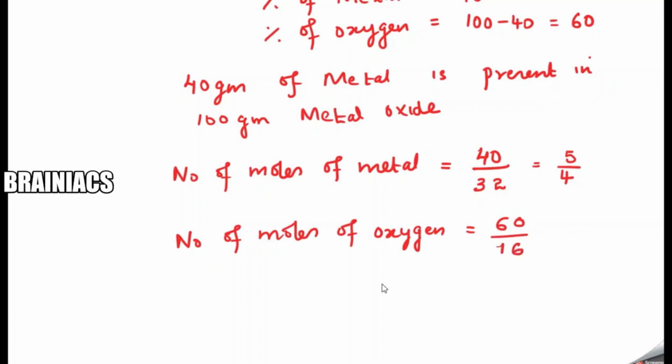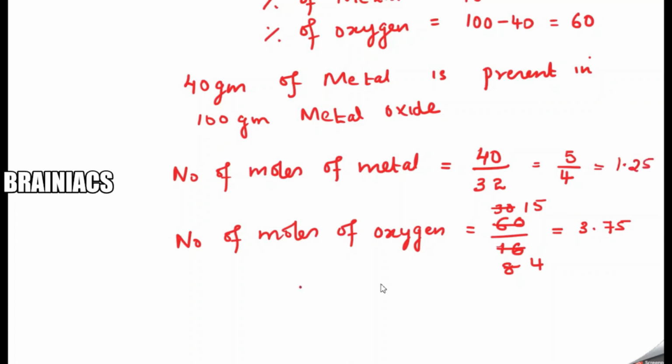If you divide by 2, this becomes 30 and this becomes 8, and if you cut it again, this becomes 15 and this becomes 4. So I can say 60 by 16 or 15 by 4. 15 by 4 is approximately 3.75, because 4 into 4 is 16. And 5 by 4 is approximately 1.25.